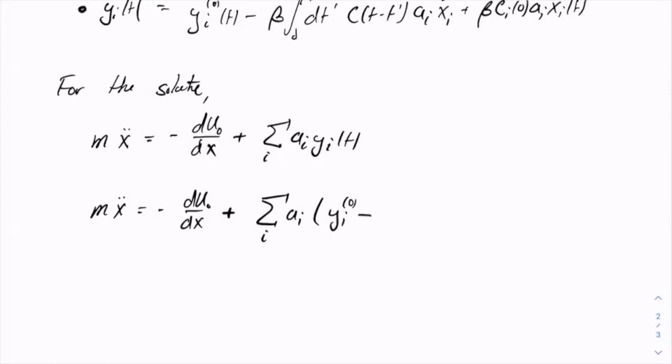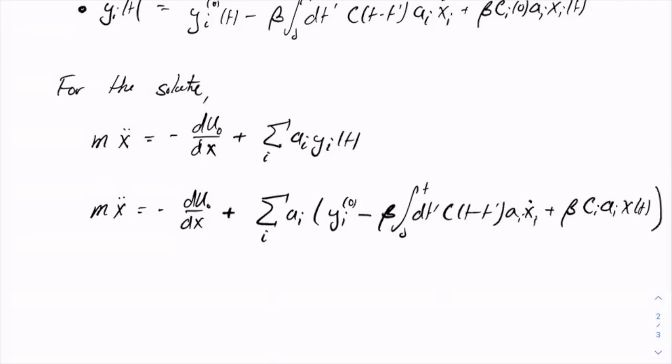I have a minus, a beta, an integral over those y correlation functions. But that depends on the acceleration, or on the velocity of the solute particle. And plus this boundary term that depends on the position of the solute particle.